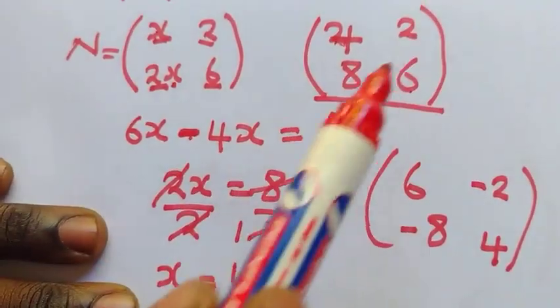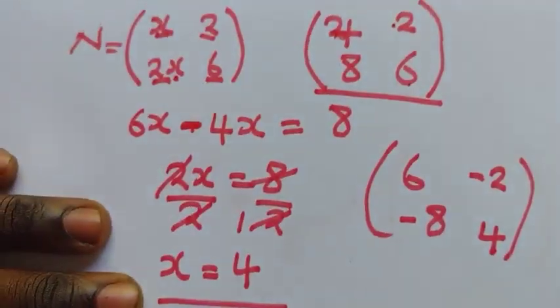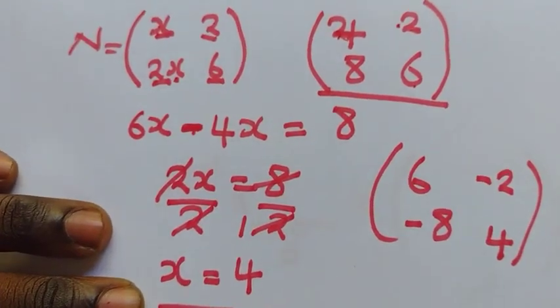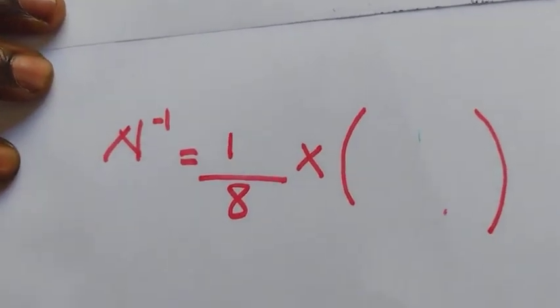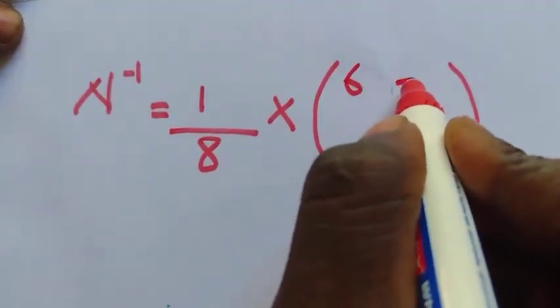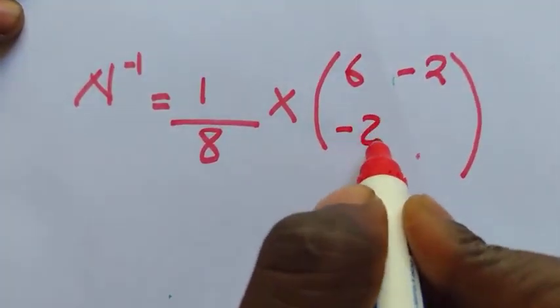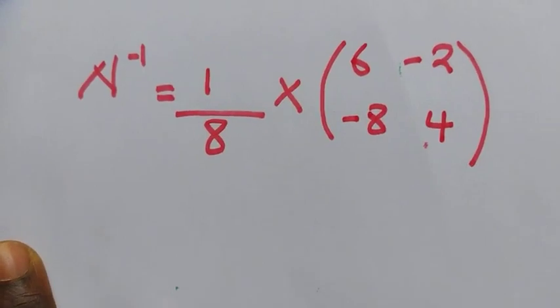So in this case, if this was negative 2, when you add a negative sign, it will remain a positive. So let's move on. We are saying our adjoint of matrix n will be 6, negative 2, negative 8, then 4. Okay, so what are we supposed to do?